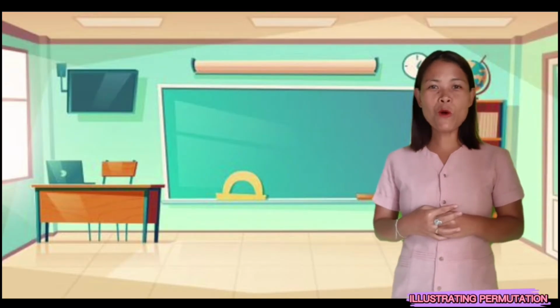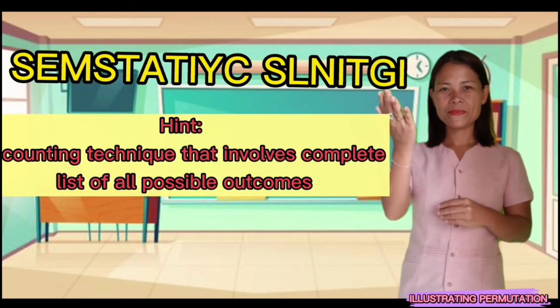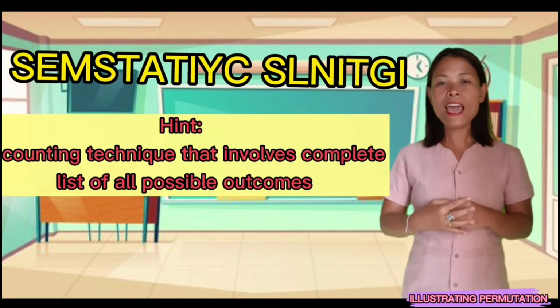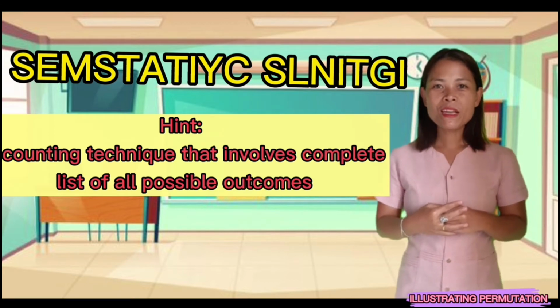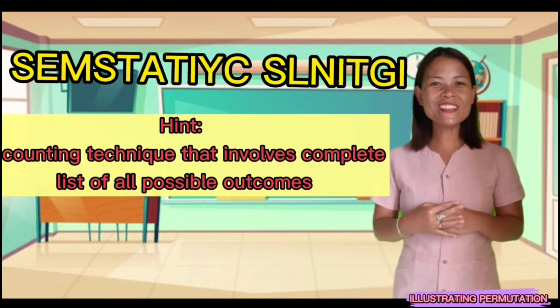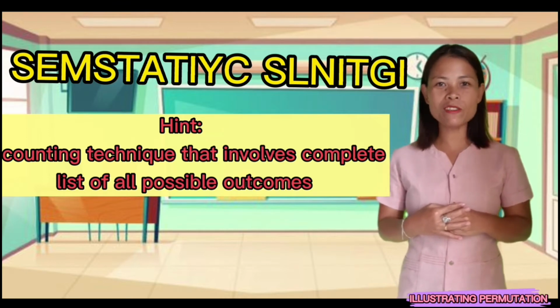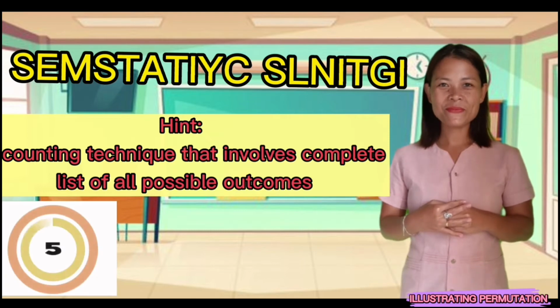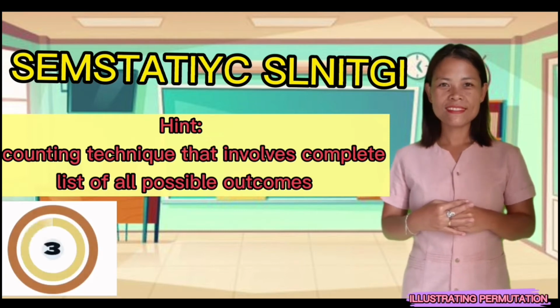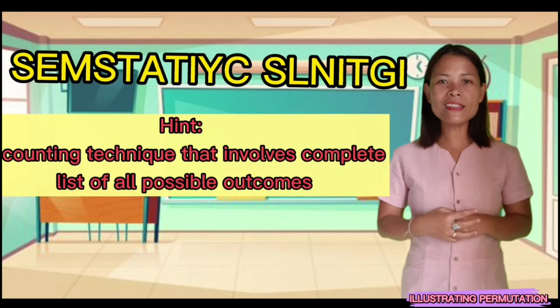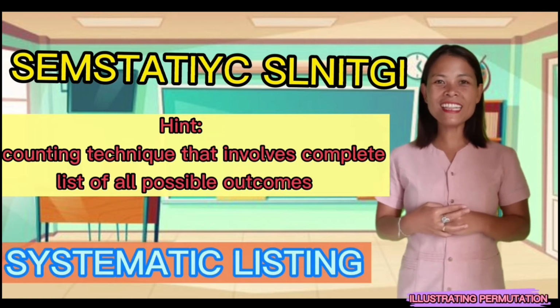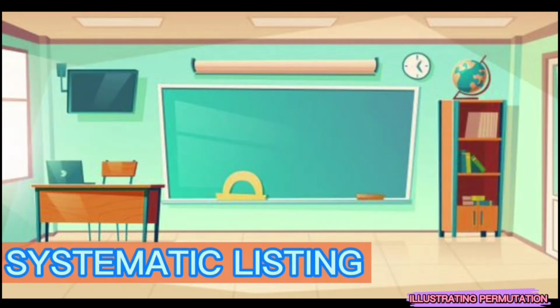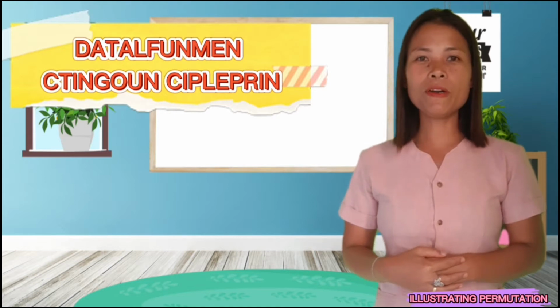Here is the second word. Hey! There's a clue! The clue is, it is a counting principle that involves a complete list of all possible outcomes. You are right! That is systematic listing. Number 3.